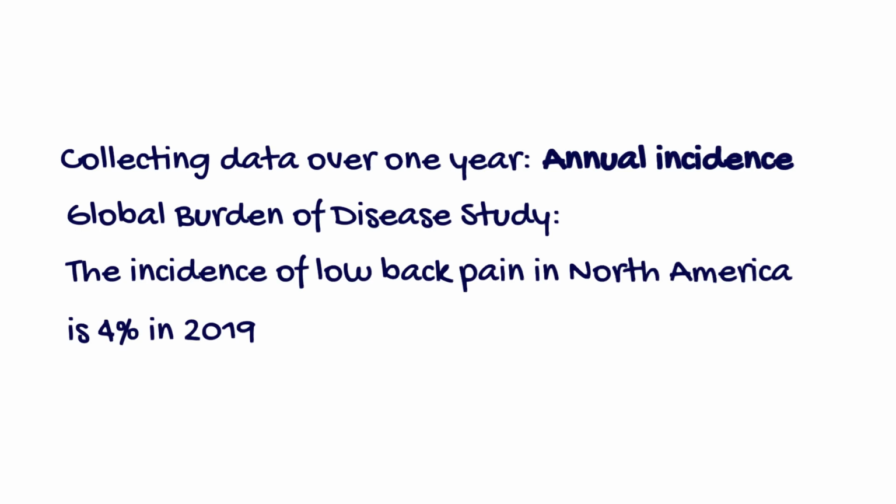A very important point is, these people may have never experienced low back pain before, or they might have had it in the past, but were pain-free at the beginning of 2019. All of these 4% of people developed a new episode of low back pain in 2019. Therefore, the incidence helps us understand the risk of developing a disease in a specific group of people at a specific time.